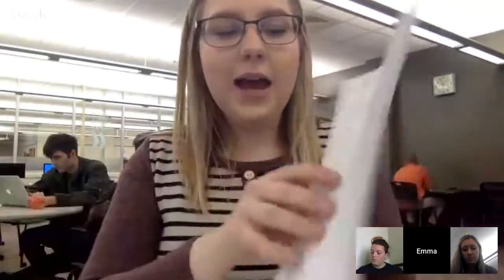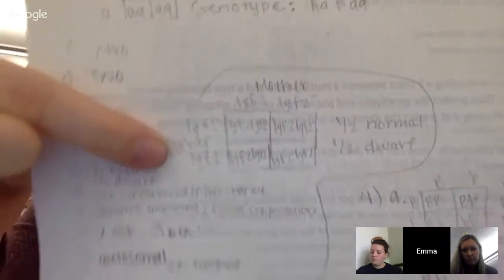C, for this one, it says a cross is made between an IGF2 negative male mouse and an IGF2 negative female mouse. What are the phenotypes of the offspring? And for this, we did a Punnett square right there, and we got half would be normal and half would be dwarf.